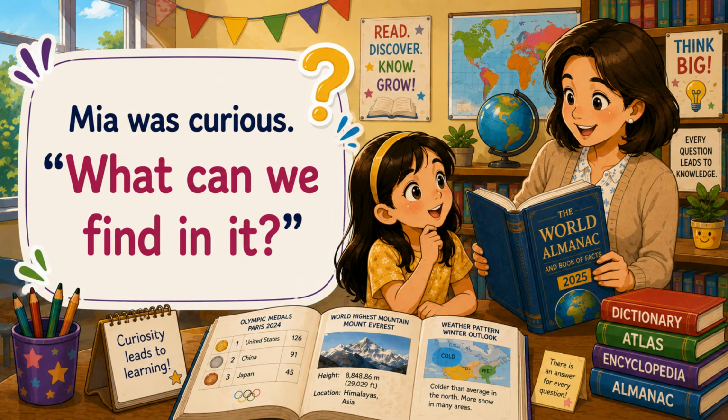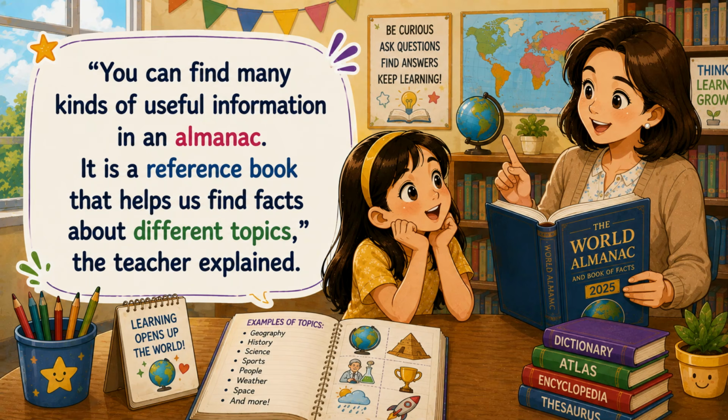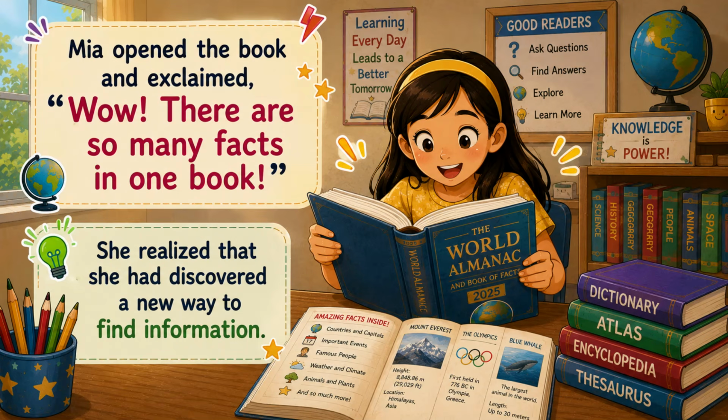"What can we find in it?" "You can find many kinds of useful information in an almanac. It is a reference book that helps us find facts about different topics," the teacher explained. Mia opened the book and exclaimed, "Wow, there are so many facts in one book!" She realized that she had discovered a new way to find information.